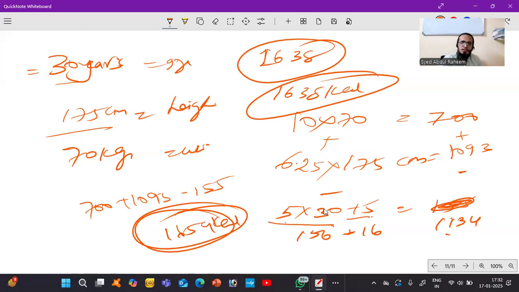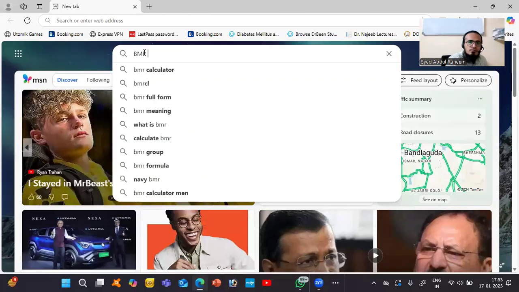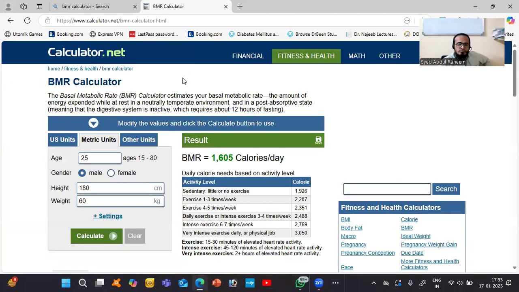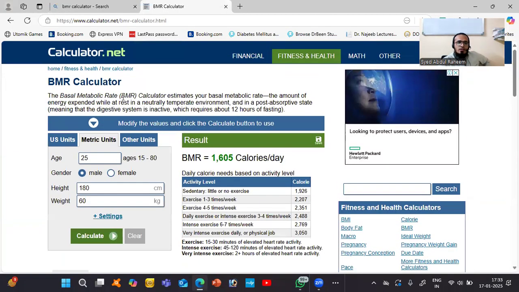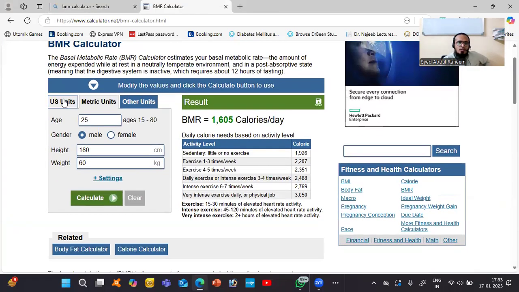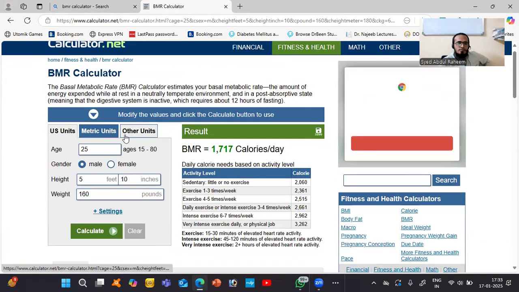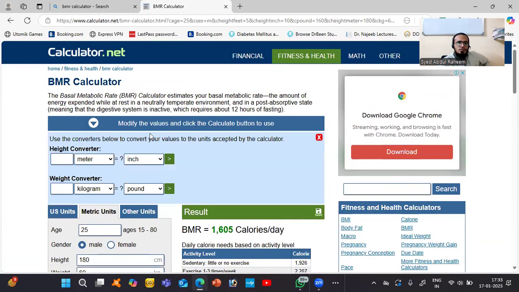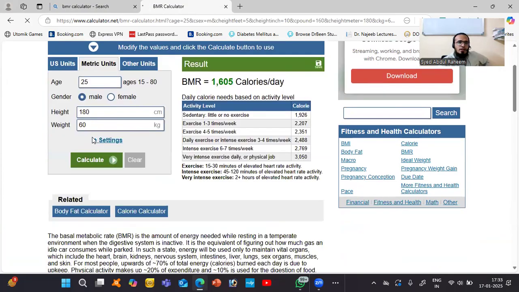Now we'll see the calculator, the basal metabolic rate calculator. So this is the BMR calculator. Units are given as US units, metric units, other units, but you have to go into metric units.